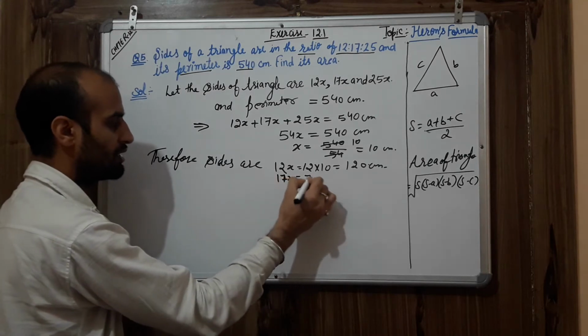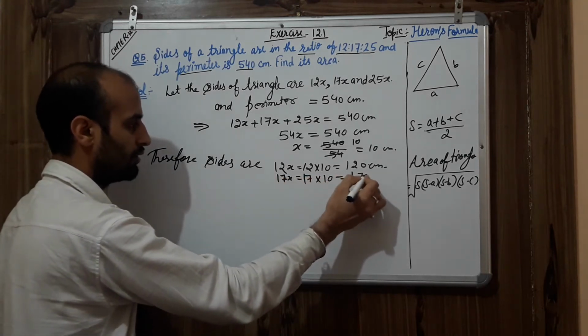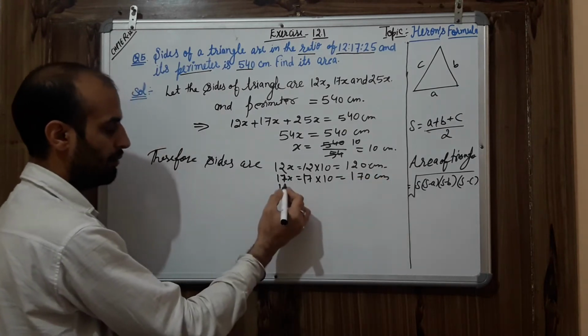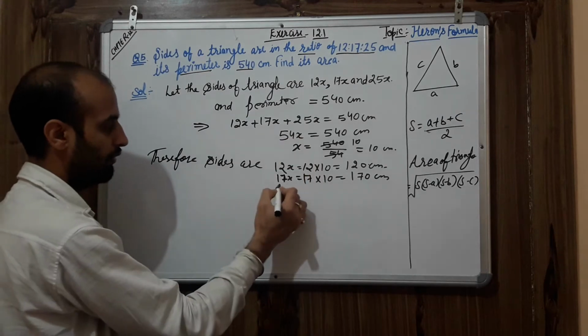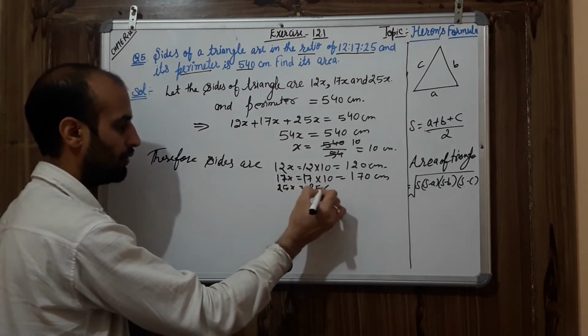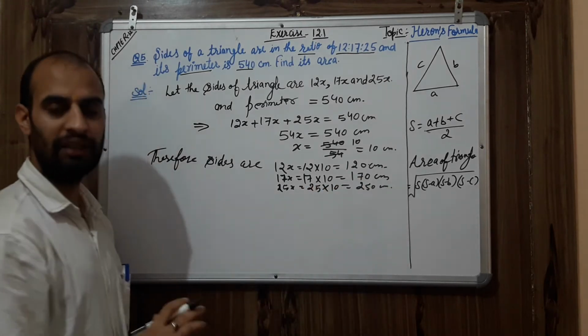So 17x means 17 into 10, 170 centimeter. Next, after that we have 25x, so it becomes 250 centimeter. Now you can see we have all three sides.